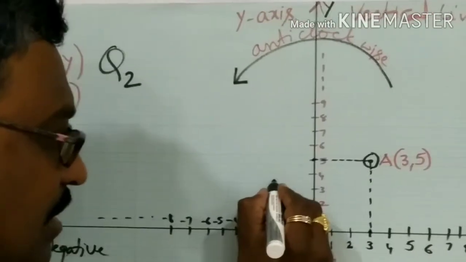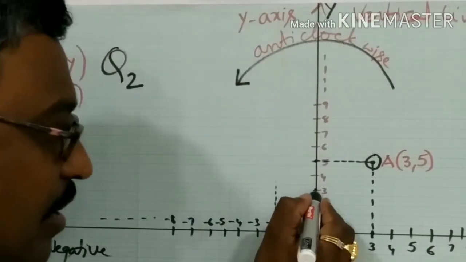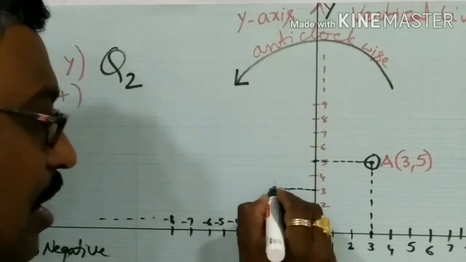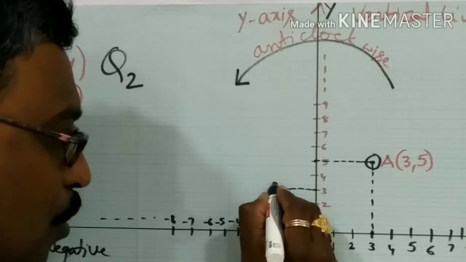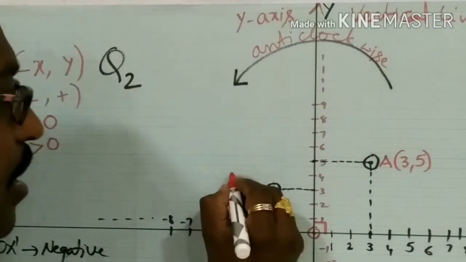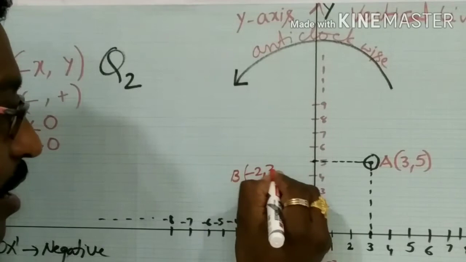Okay, here this line is minus 2. Where is plus 3? Yes, this line is plus 3. Now these two lines intersect here. Then this is the point B, (minus 2, 3).